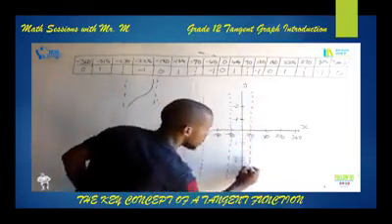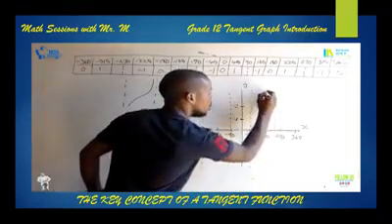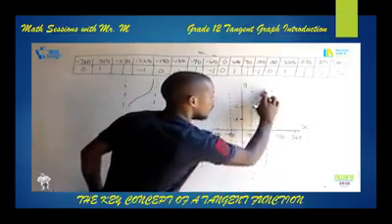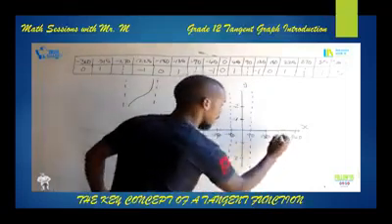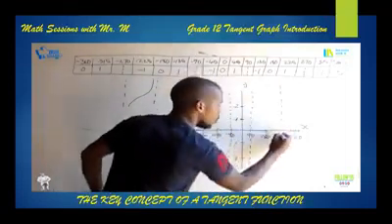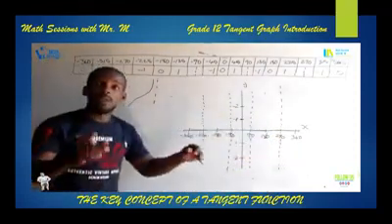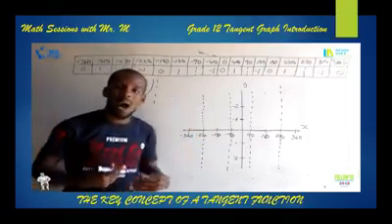So this is a distinction between the other two graphs that we did, which were cosine and sine graph. So this is now 270 and 90. We call those dotted lines our asymptote.